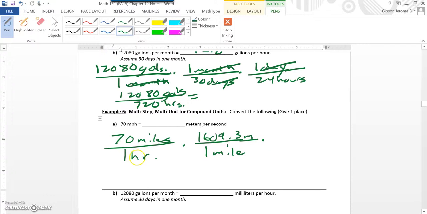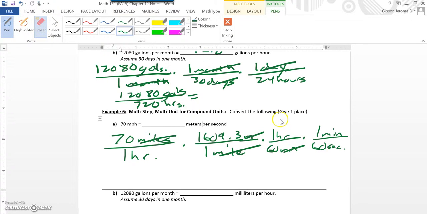Now, we want to change hours to seconds. So we know in 1 hour, we have 60 minutes. And then in 1 minute, we have 60 seconds. Okay, now we simplify out the different terms here. Well, actually, this is not supposed to be simplified out yet.